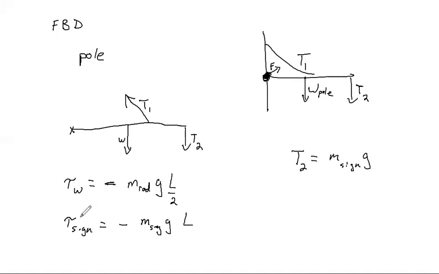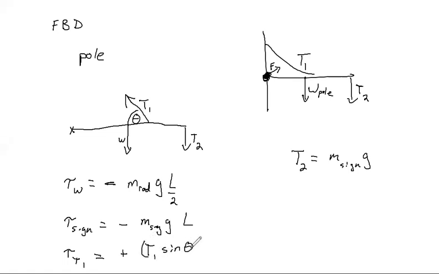All right. Finally, the torque due to tension 1. I don't know the tension 1. I know that it's going to generate a counterclockwise torque, though, so I know it's a positive torque. And I want the part of tension 1 which is perpendicular to the rod. So I'll need to find an angle here, theta. So I'll say it's T1 sine theta.